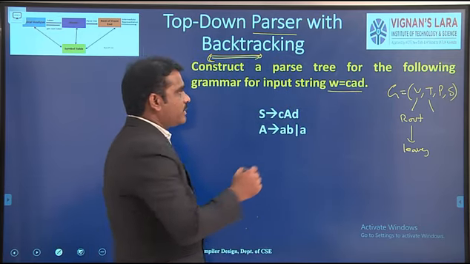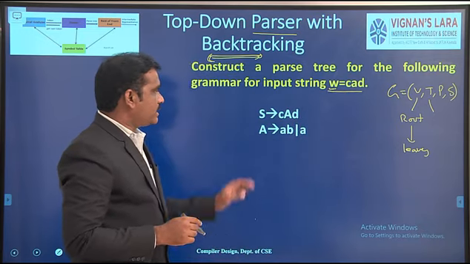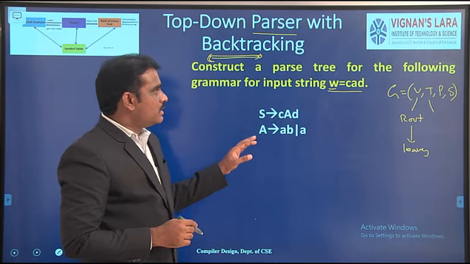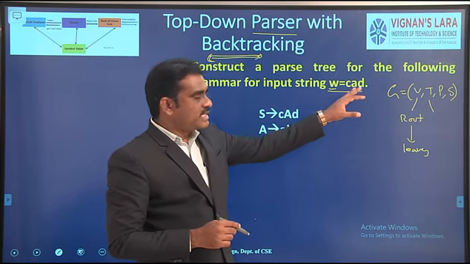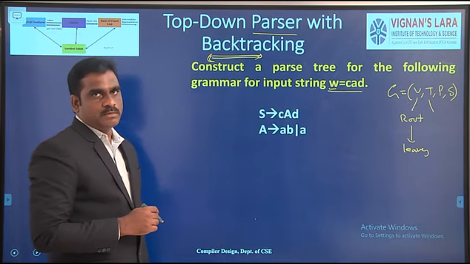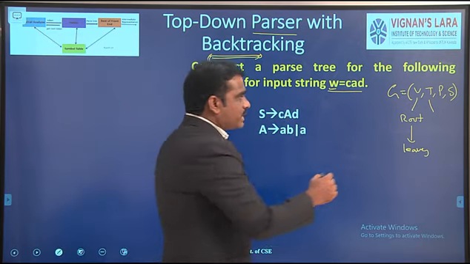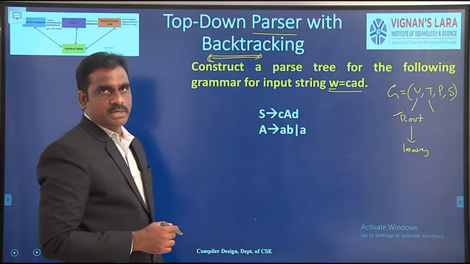What is W? W means some input string. The input string is CAD, and this is the given grammar, and we have to derive the string CAD. So construct a tree with the top-down parser. Top-down parser starts with root, and root means the starting symbol of the grammar.